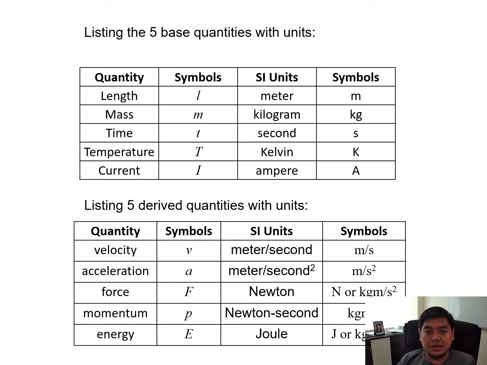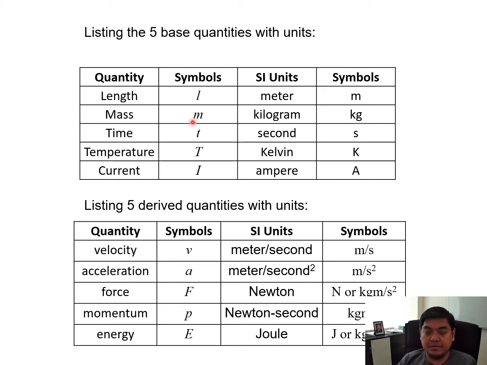So basically, these are the 5 base quantities, which start with length, mass, time, temperature, and current. The length with the symbol L has an SI unit of meter with the symbol m.